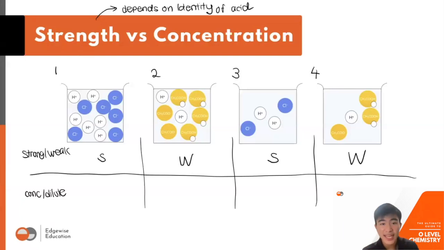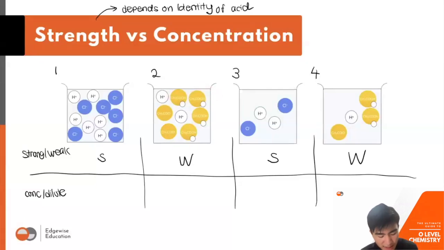I tell you the name of the acid, you can immediately tell me whether it is a strong acid or a weak acid. In this case, HCl is a strong acid and CH3COOH is a weak acid.